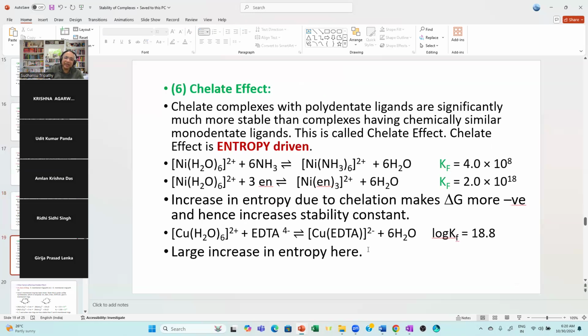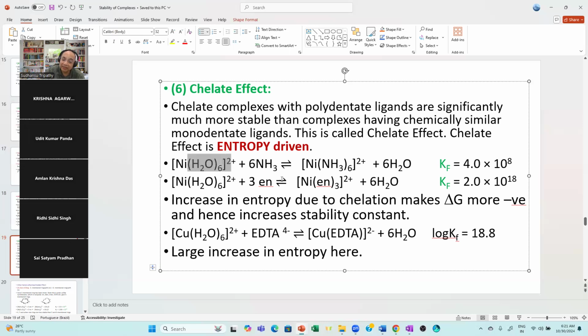Then the most interesting effect which you get in the examination is the chelate effect. Same coordination number, but if you have a bidentate or tridentate ligand, which are called chelating ligands because they form cyclic complexes called chelates, their stability becomes more. I have given you an example. I told you the formation constant takes into account first the aqua complex, then you substitute one by one, right?